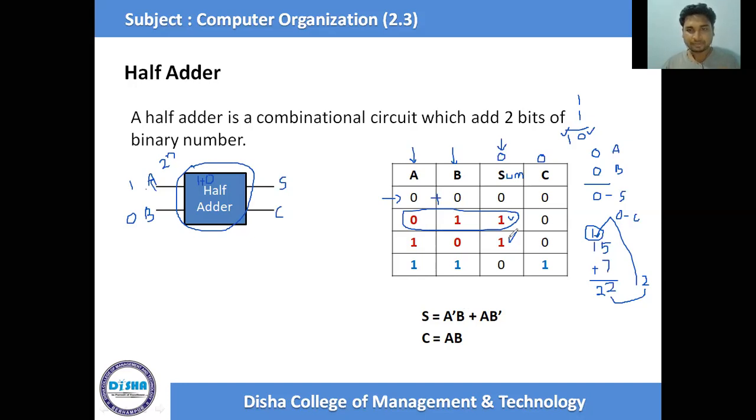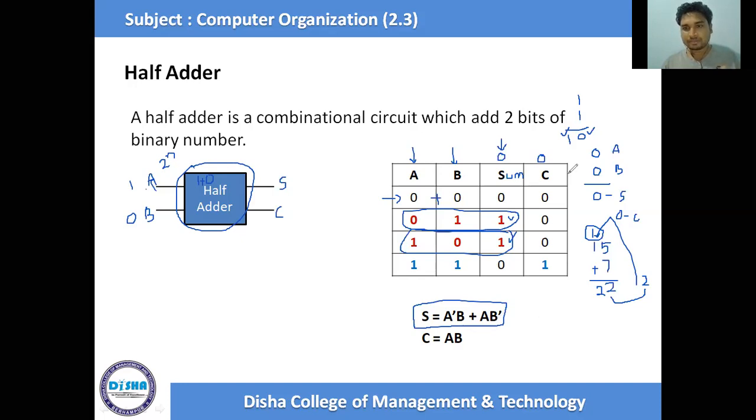Then we have another one in the s column. For this combination, we got that a is 1 and b equals to 0. So b is in not form, that is a b not. So thus the s equation will be s equals to a not b plus a b not.